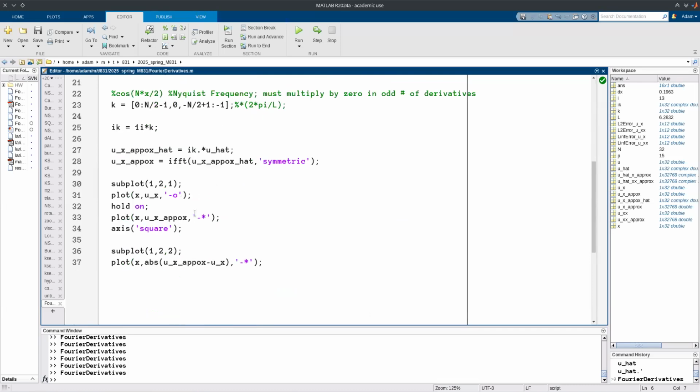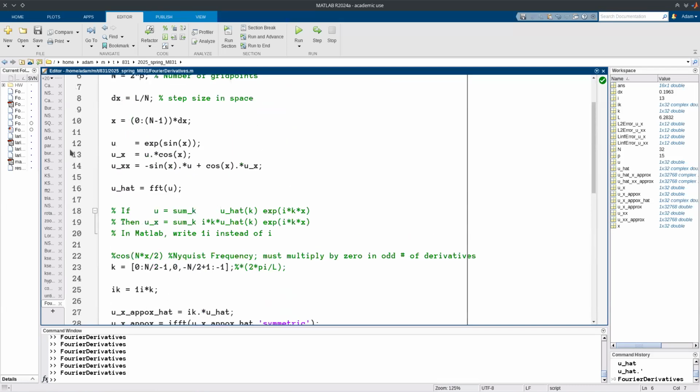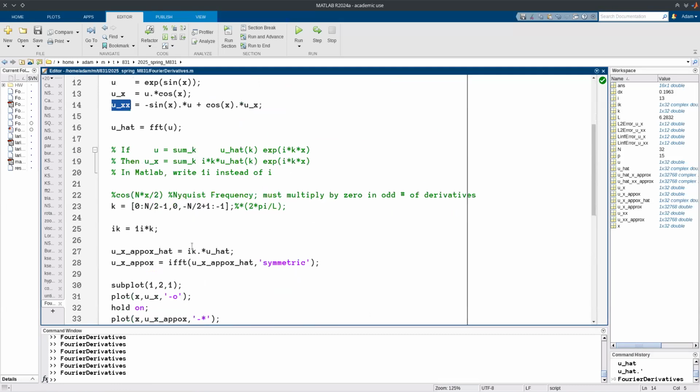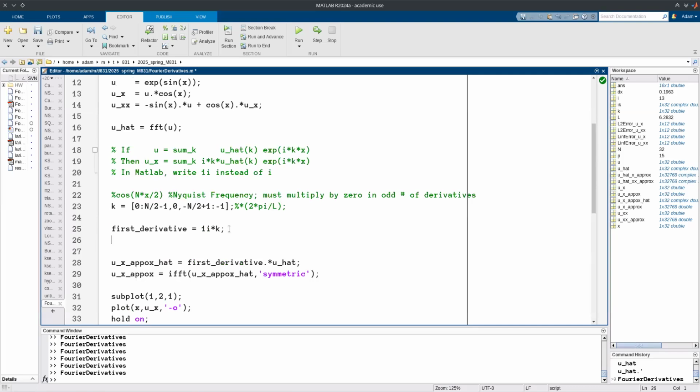Now let's go just a little bit further, and we'll see second order derivatives, because they behave a little bit differently. So here we've got ik, and maybe I could even call this something like first derivative. For the second derivative, you might think, well, I'll just take the derivative twice.